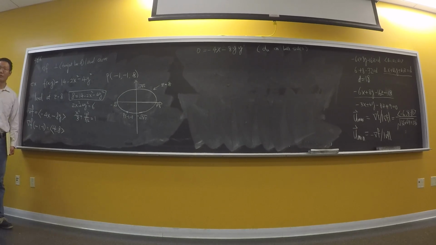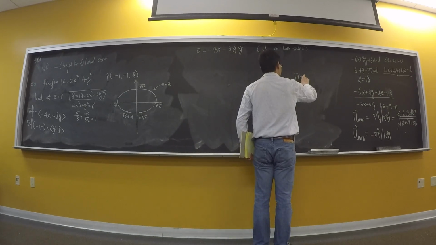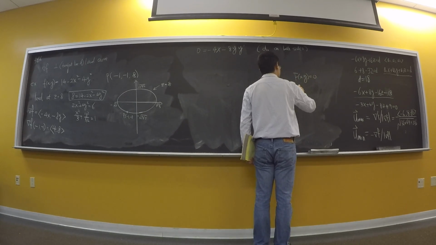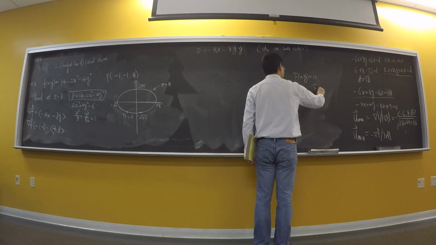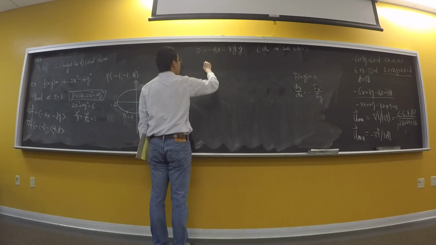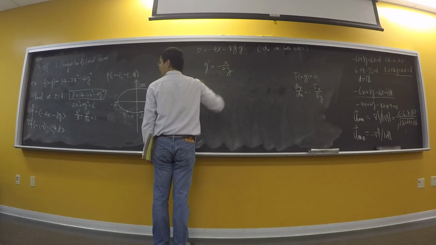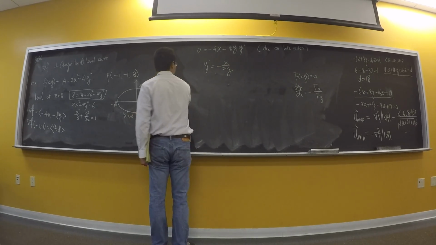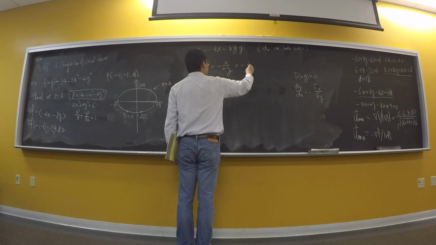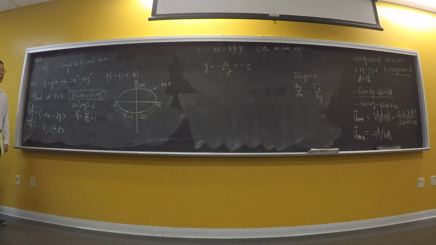If you have a function F(x,y) equals 0, then dy over dx is equal to minus F sub x over F sub y. So you have a minus sign there. Simplifying, I get y prime equals minus x divided by 2y. With x equal to minus 1 and y equal to minus 1, I get minus 1/2.